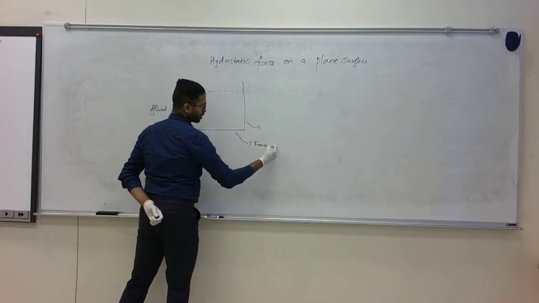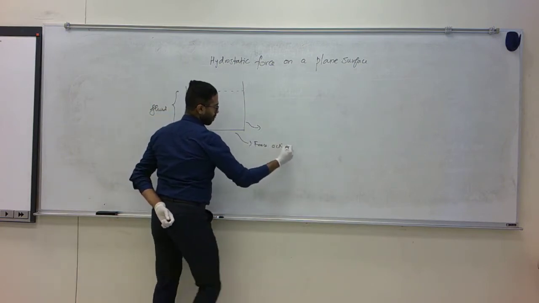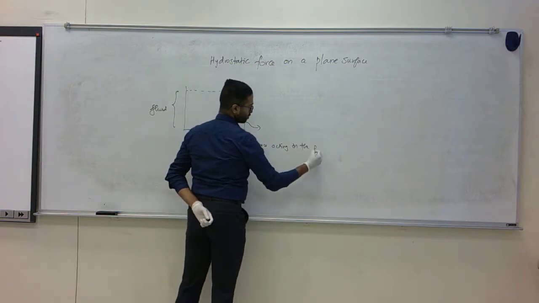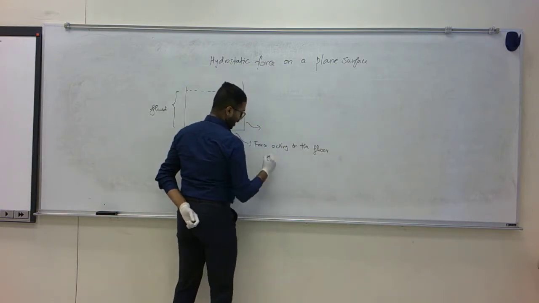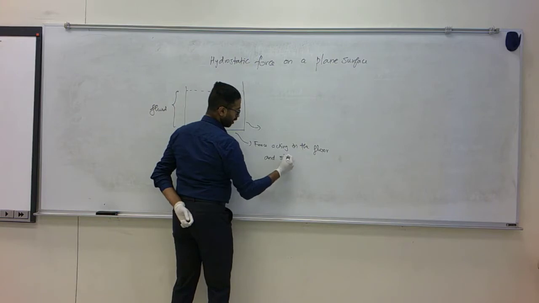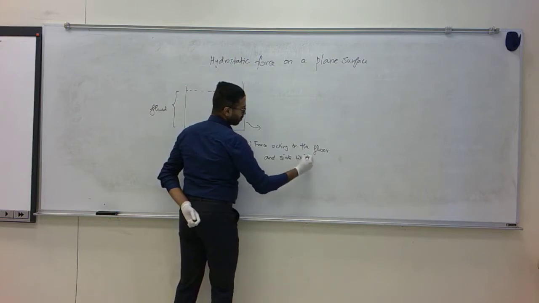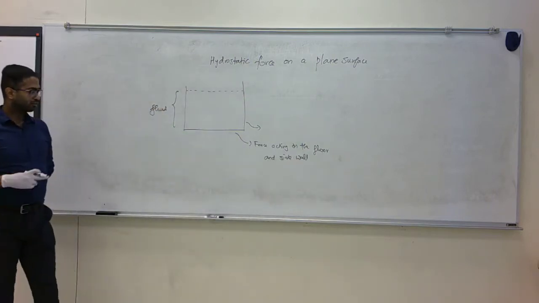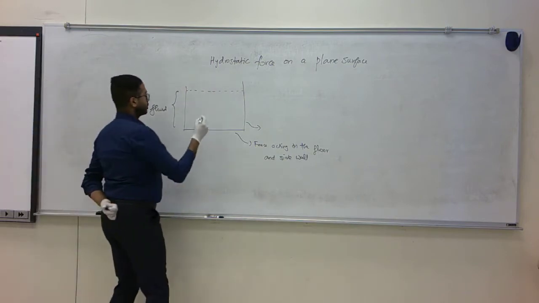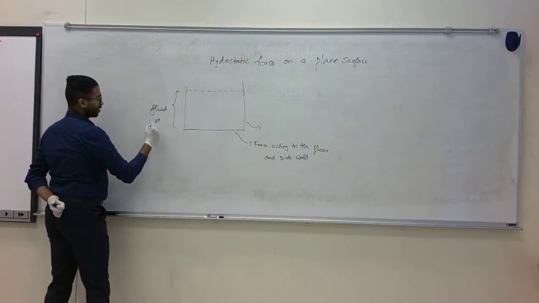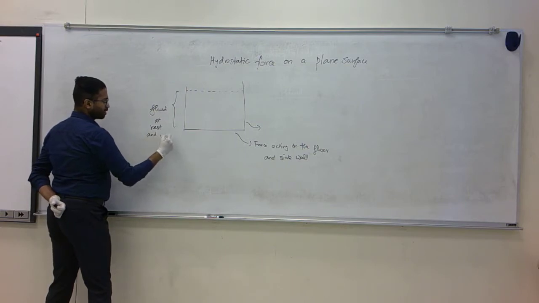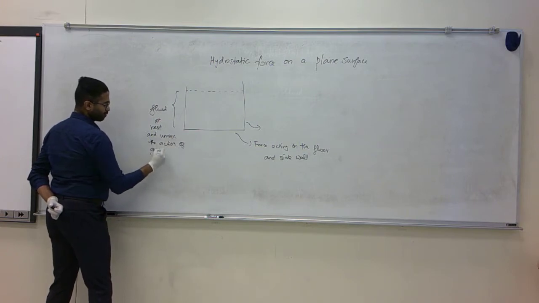What is the force acting on the floor and side wall? So how do we compute the force acting on the floor and side wall due to a fluid that is at rest and under the action of gravity?